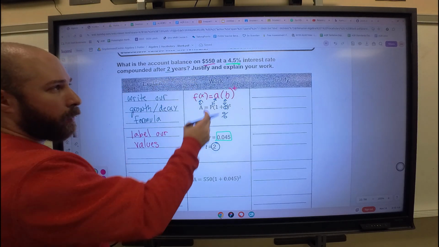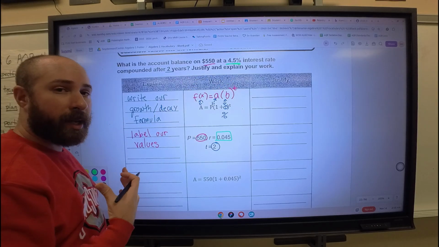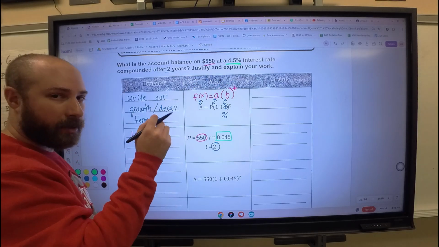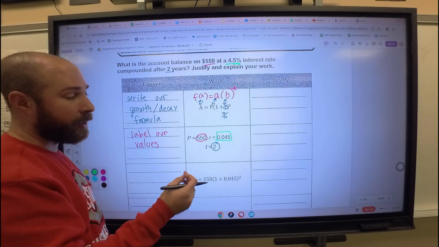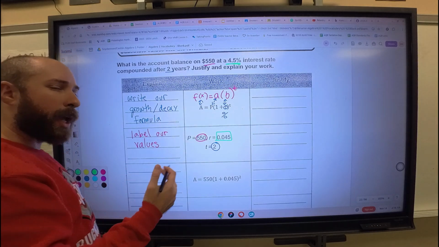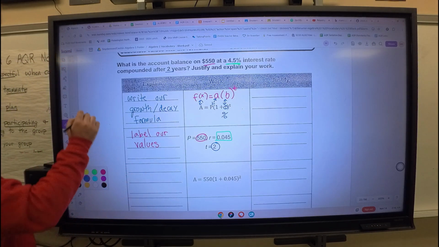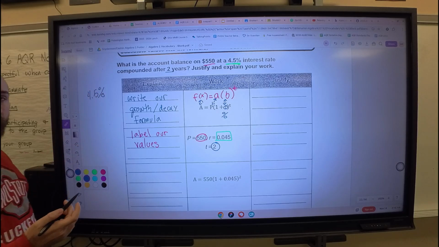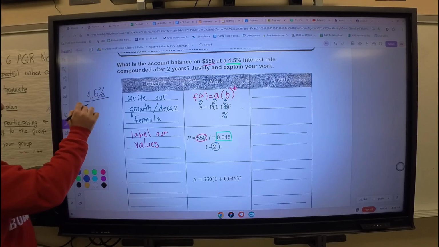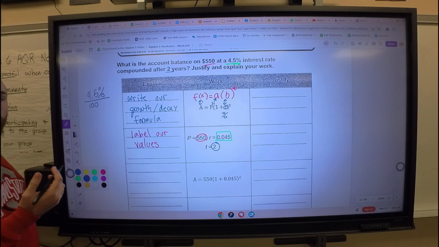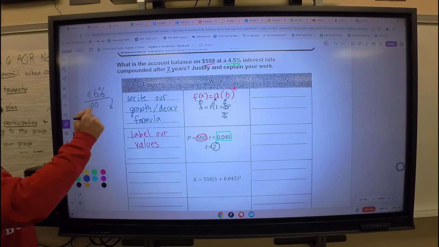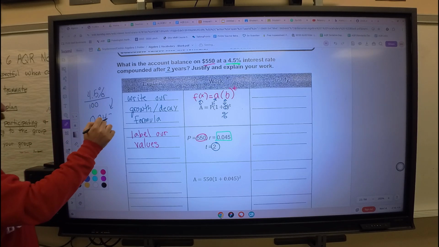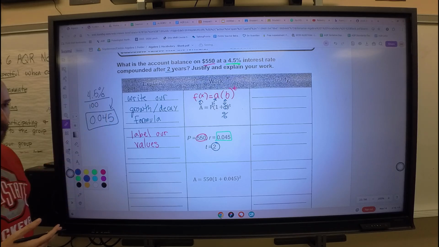We don't write 4.5% because we cannot use the actual percent sign in our formula. So we have to change 4.5% to a decimal. We do that by dividing our percent by 100 or moving the decimal 2 to the left. And that's where the 0.045 comes from.